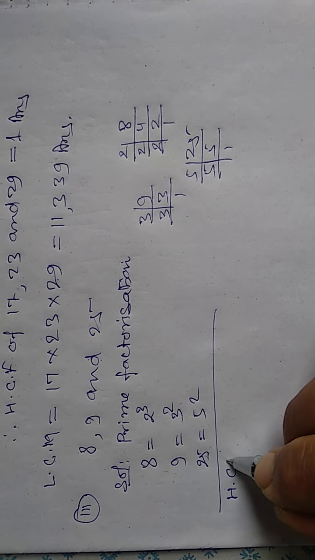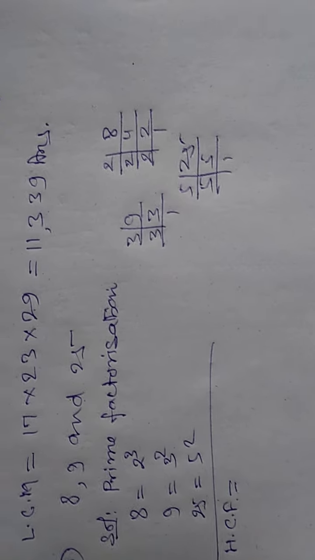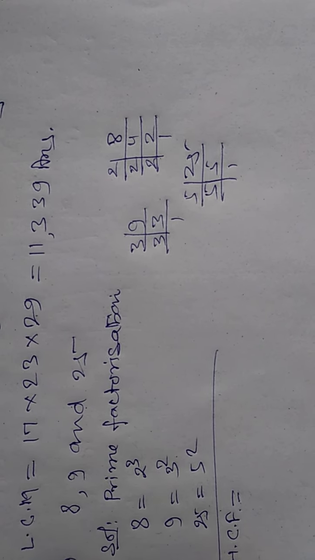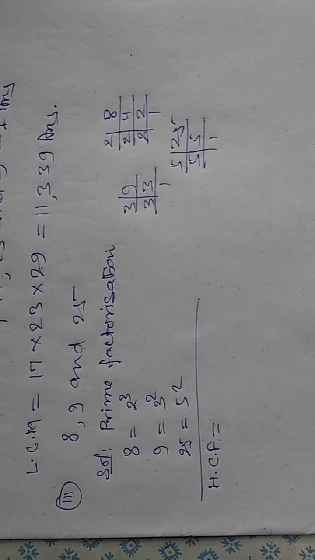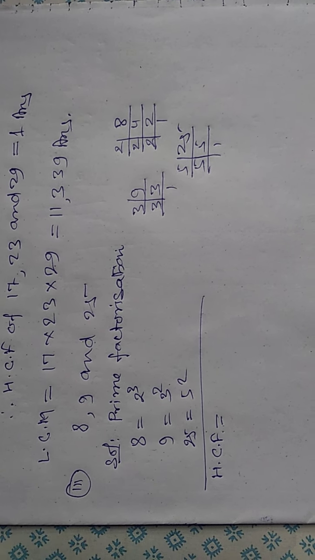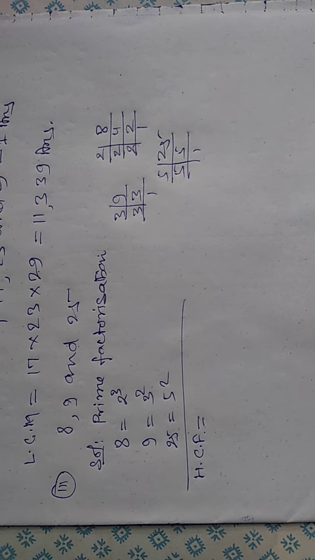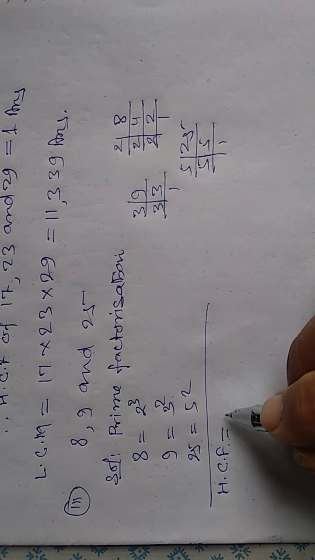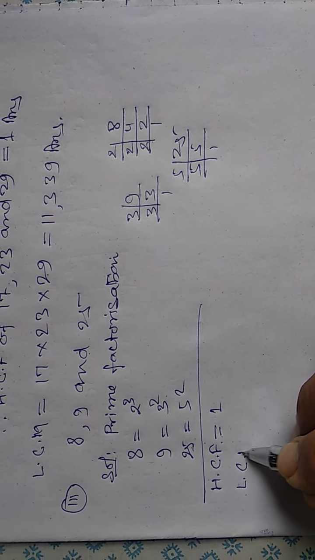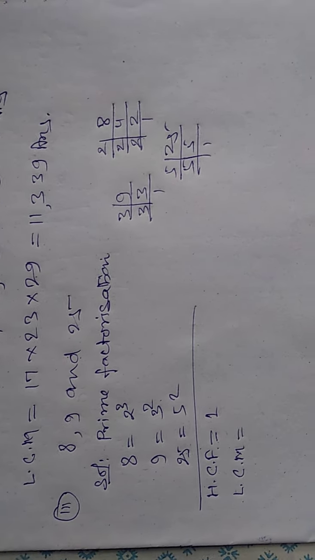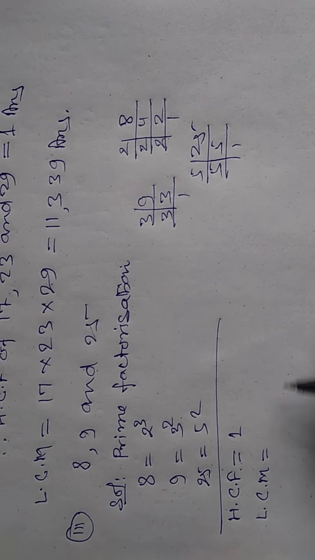HCF. Now see here, you see that there is no common factor between 8, 9 and 25, but all numbers have one common factor, and that is 1. Therefore, HCF of these is 1. Now LCM, in LCM you will write all factors with the highest power.